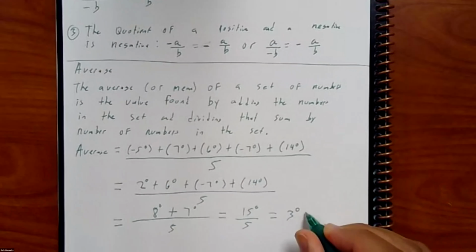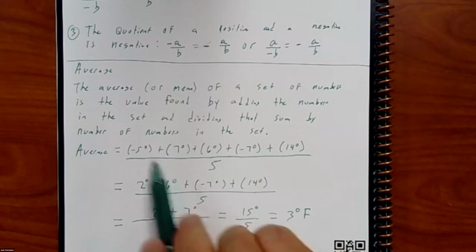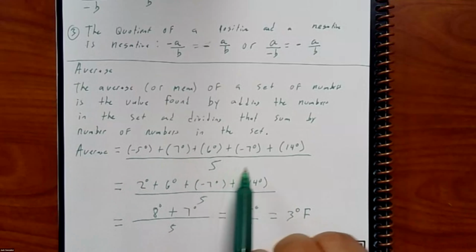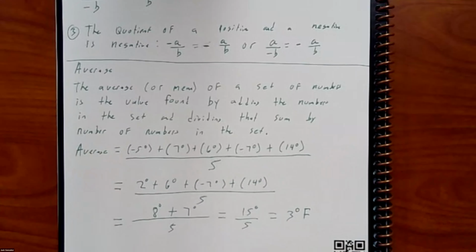The average temperature will be 3 degrees Fahrenheit. Do you still remember your rules for adding the positive and negative? I don't mind you checking your work, but make sure you learn how to do it. Eventually, you're not gonna have numbers. You're gonna wish you knew how to do this.